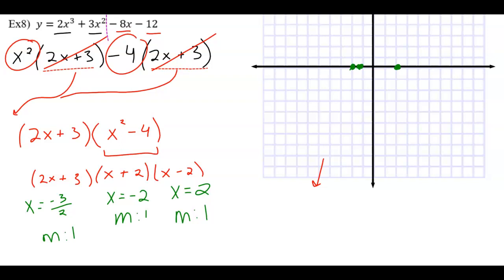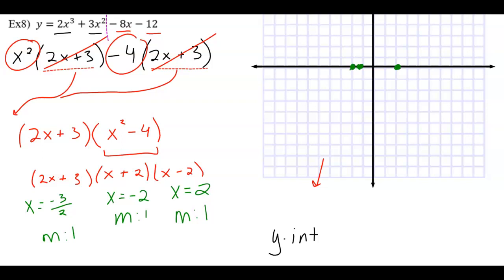One more quick detail that I told you I was going to show you. We can always find the y-intercept, which is just one more point that makes our graph a little bit more accurate. The way that we find the y-intercept is we just plug 0 into the equation for x.